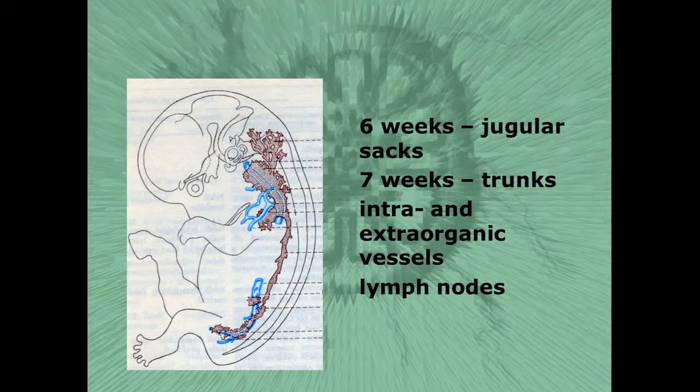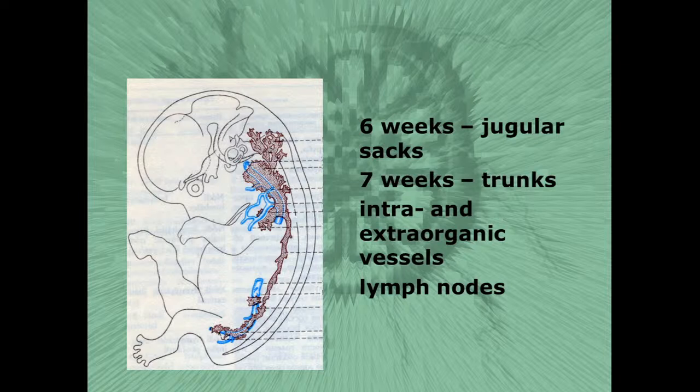Now I will talk about the development of the lymphatic system. It starts approximately from the 6th week of embryonic life with the formation of the jugular sacs. The jugular sacs are formed in the place of the future jugular veins. Other lymphatic sacs are also formed in the retroperitoneal space and in the place of the future iliac vessels.